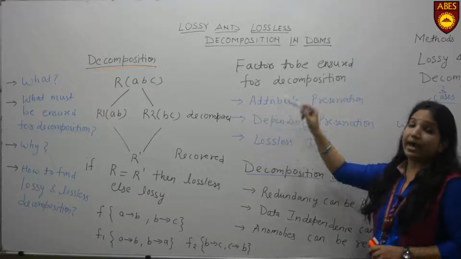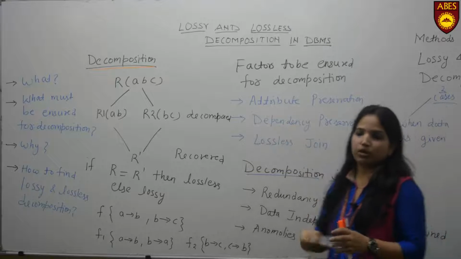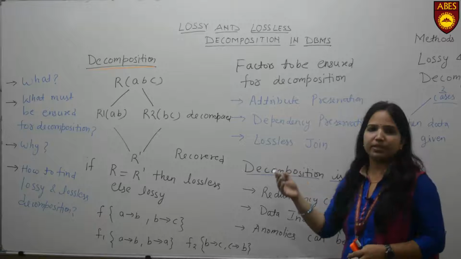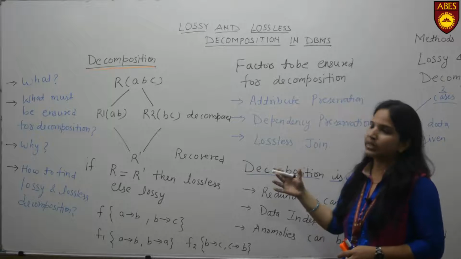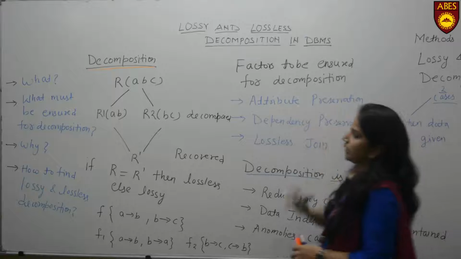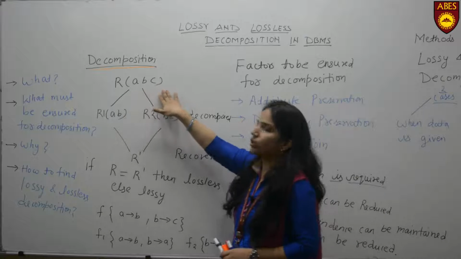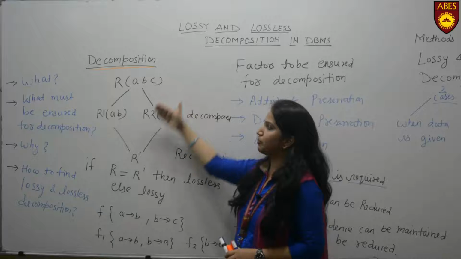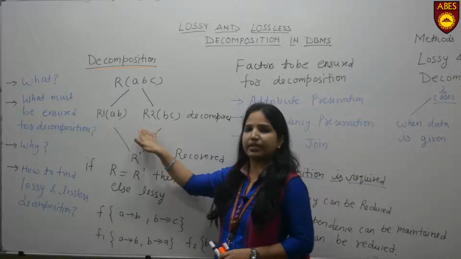Before why it is required, we must ensure certain parameters while doing decomposition. The first parameter is attribute preservation. What does it mean? For example, R is the original relation. It has attributes A, B and C. And we have split it into 2 parts, R1 and R2.